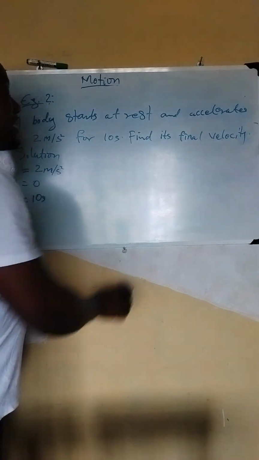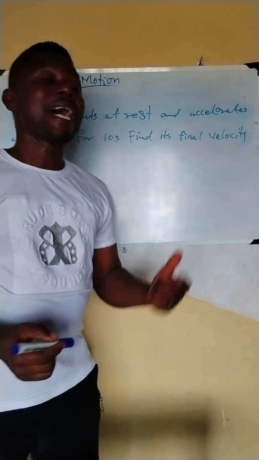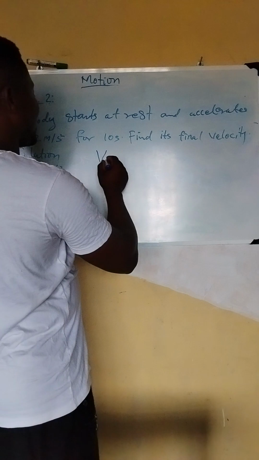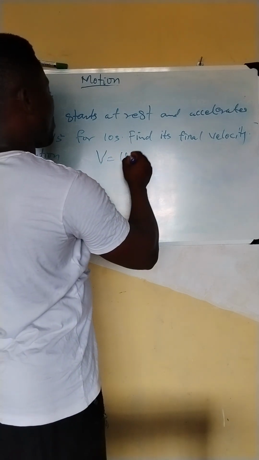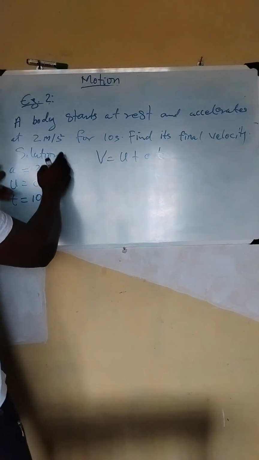But since we've written the equations of motion, think of which equation has this relationship. Remember we have the first one that says V is equal to U plus AT. We now substitute these values here.